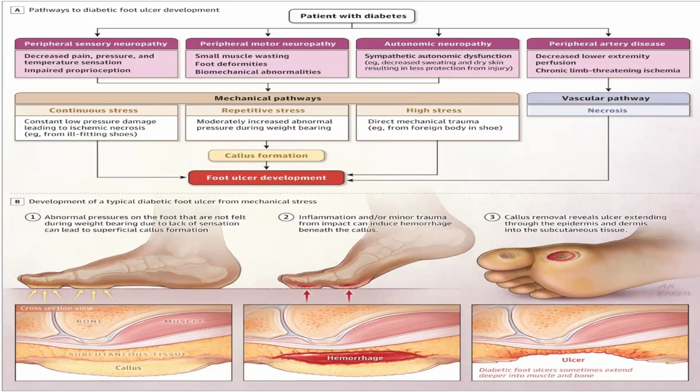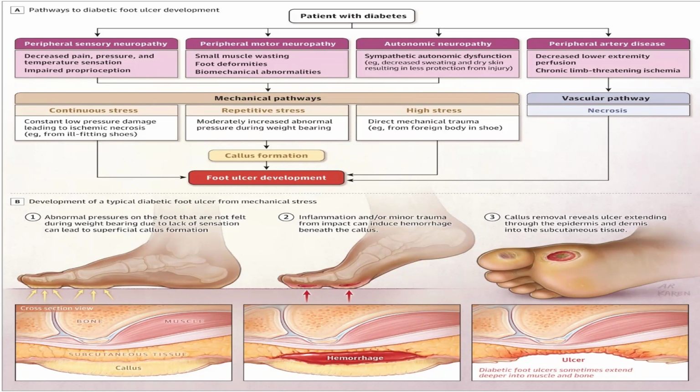Again, the pathophysiology of pressure ulcers in diabetics. It starts with peripheral neuropathy, sensory, motor, autonomic, and peripheral arterial disease.